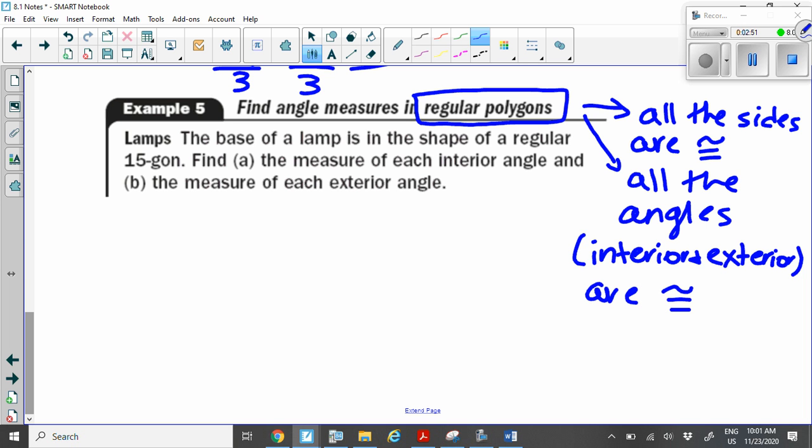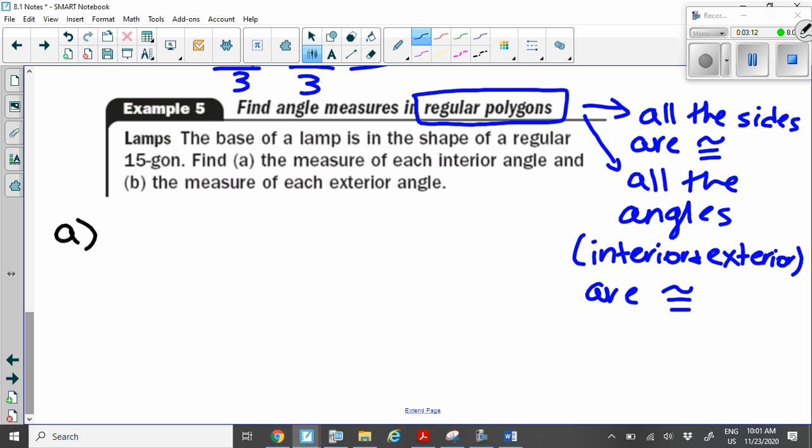So they're the same measurement. So anytime it talks about a regular polygon, that means all the angles have the same measurement. And that means all the inside angles have the same measurement, and then all the outside angles have the same measurement.